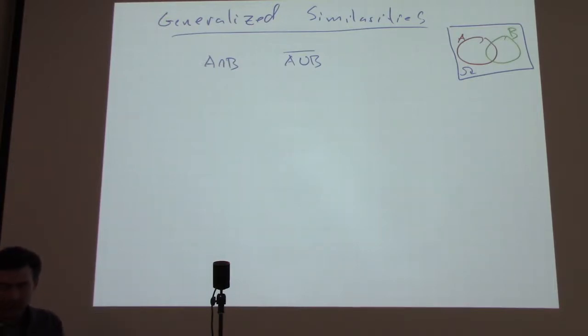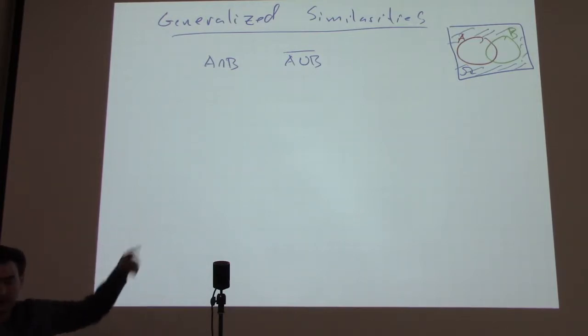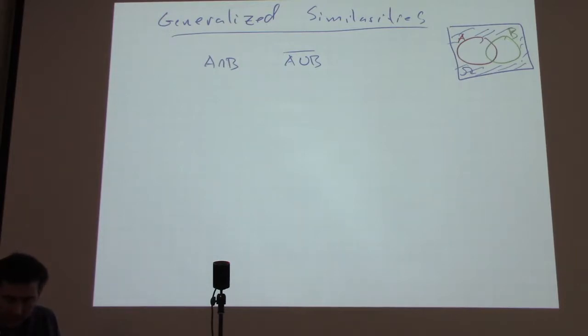If I take the complement of the union, then the complement of the union here is all of this region out here. But I have to define this entire domain to do that. Okay, and then I'm going to use one more operation here called the symmetric difference.